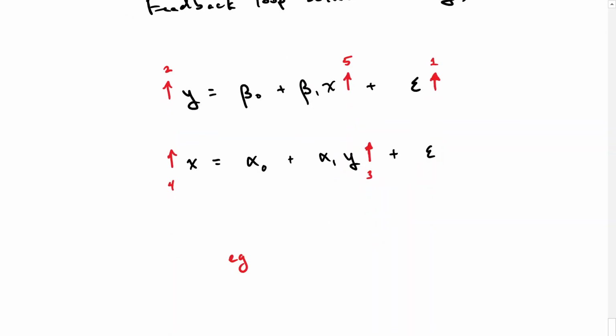And again, if you wanted to think about that in more economic terms, you could think about y as price, and you could think about x as, for example, quantity demanded or quantity supplied if you wanted to. Because these are going to feed off of each other.